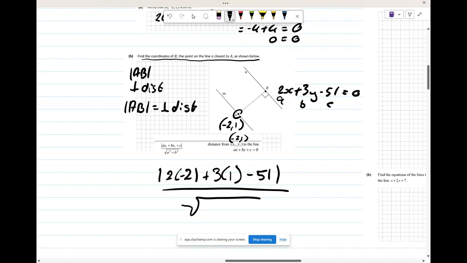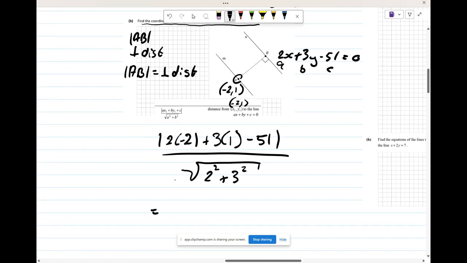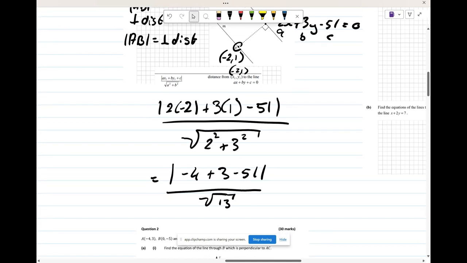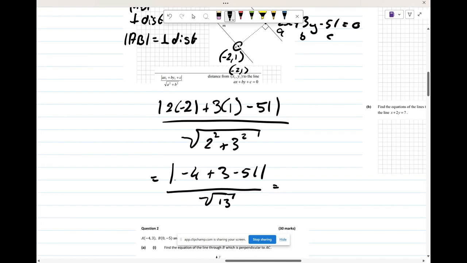And then we're going to square root A squared, which is 2 squared, plus B squared, which is 3 squared. If we plug this into your calculator, that's minus 4 plus 3 minus 51, absolute value, over root 13. And so this is minus 1 minus 51, so that's minus 52, absolute value, over root 13.